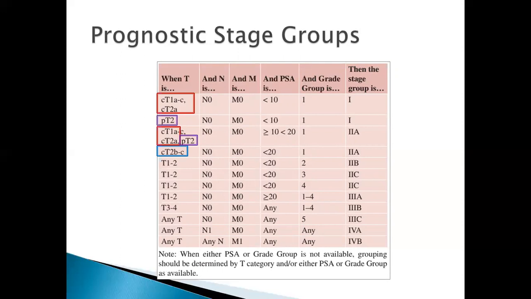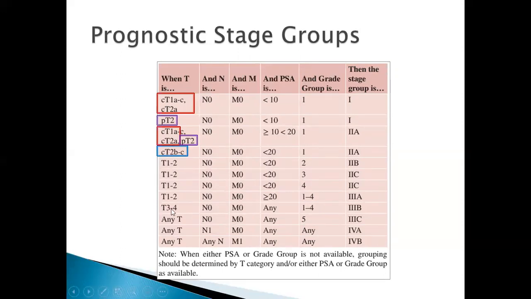So you may want to highlight the C and the P in different colors to make sure you use the correct one. But it's very important to really pay attention to the clinical and the pathological. All right, they're all intermixed. So these have to be specifically a clinical or pathological.